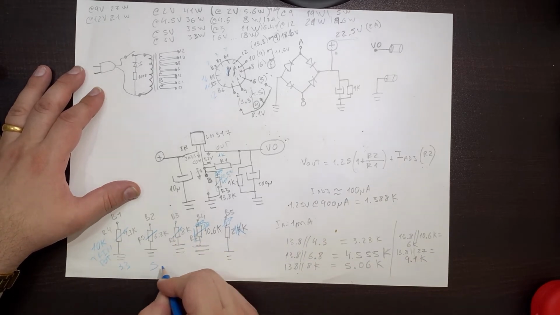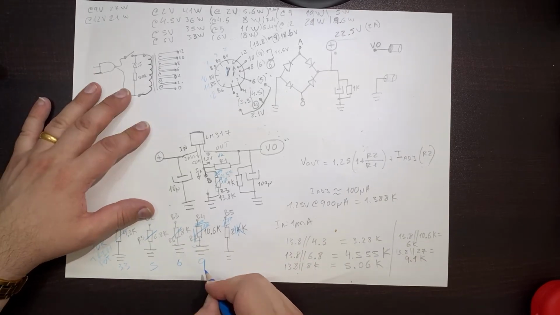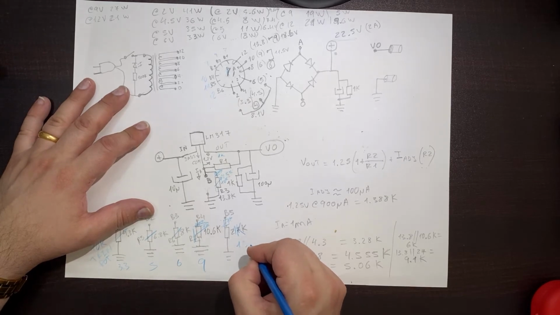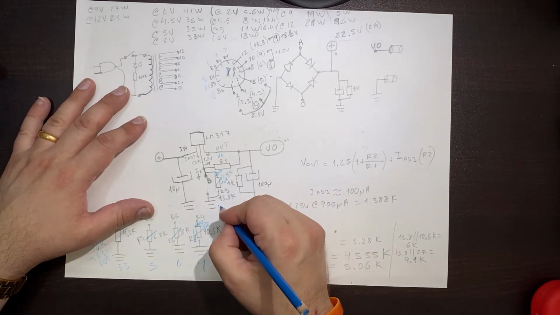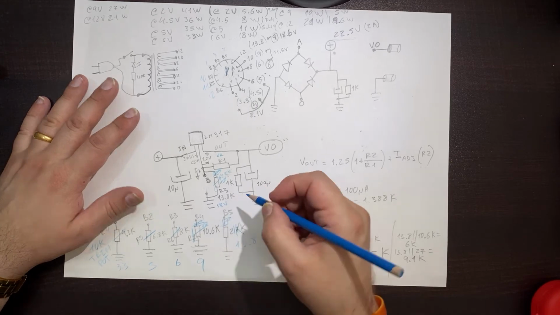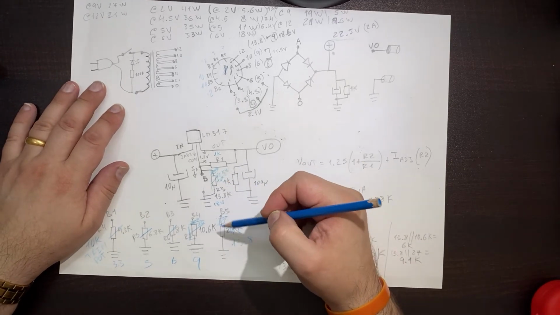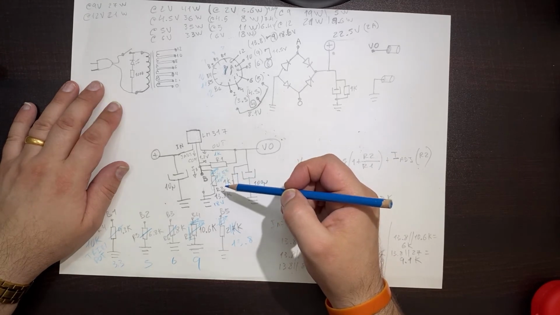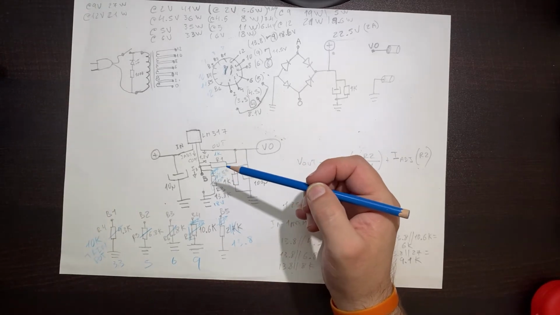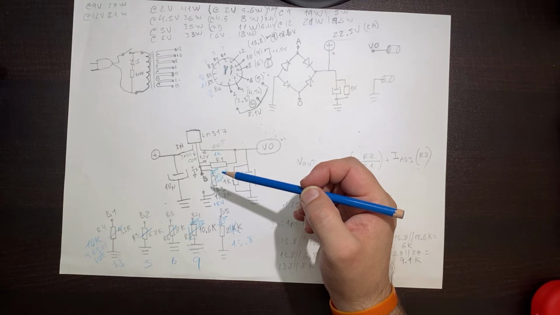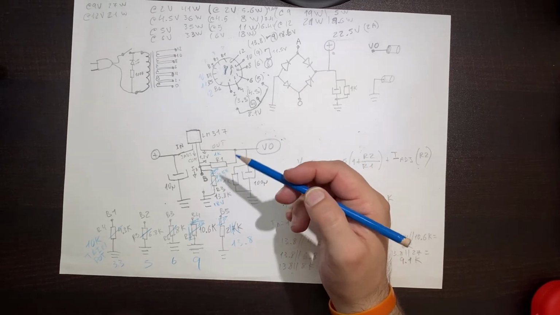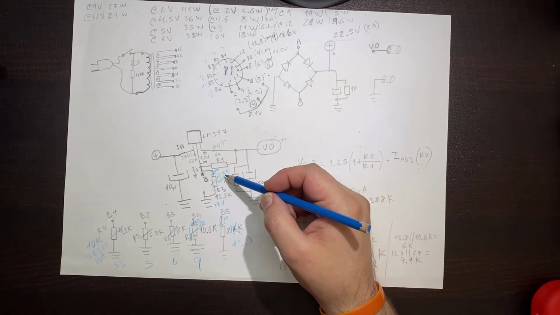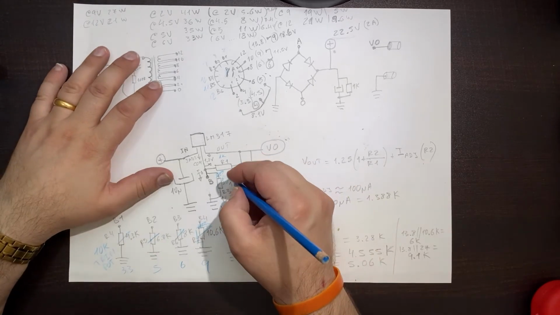3.3, 5, 6, 9, then 13.8 and 18 volts. Then I have series resistor 1K and, what was that? No. So absolutely not.